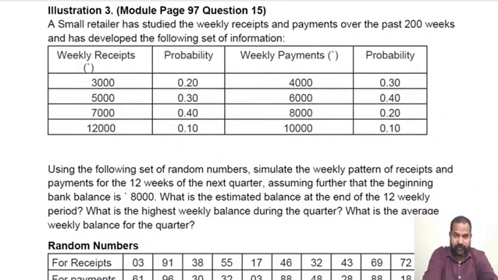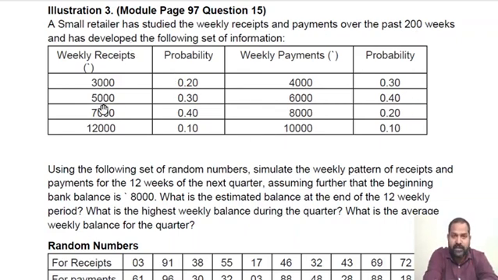The question says a small retailer has studied the weekly receipts and payments over the past 200 weeks and has developed the following information. Here also, it's like cost and revenue. Here they have receipts and payments. What do you receive and what do you have to pay?